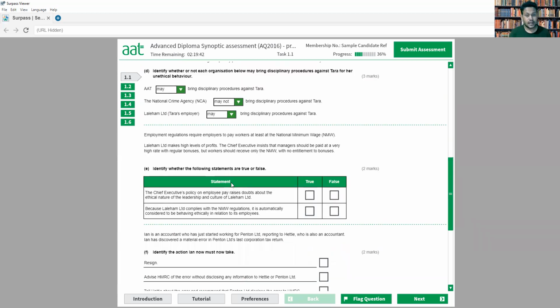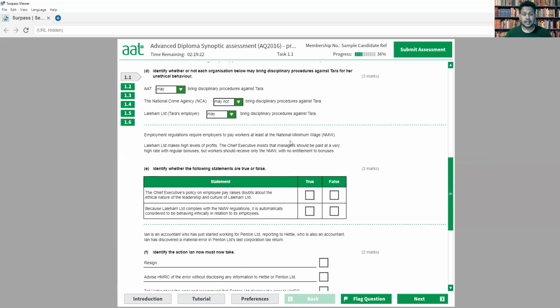Let's move to the next one. Let's have a look at what we have here. It says employment regulation requires employers to pay workers at least national minimum wages. Every country, especially developed countries, has a national minimum wage. In the UK, it is now £8.91.